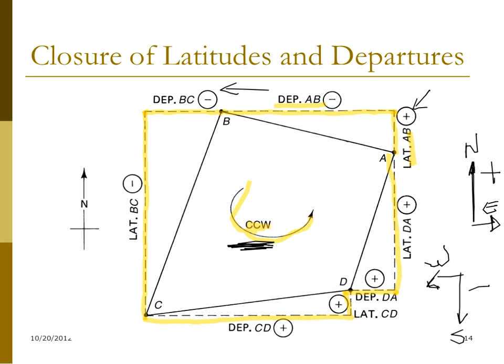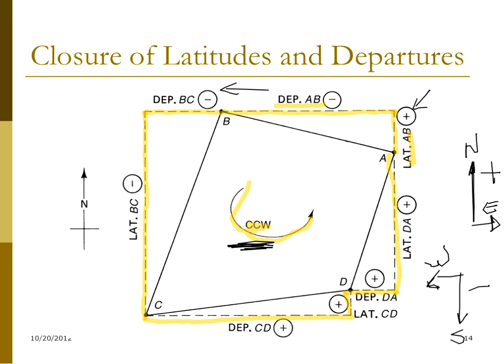Well, if this figure is perfect, wouldn't it make sense to say that the sum of the departures of AB and BC should equal the sum of the departures of CD and DA, right?